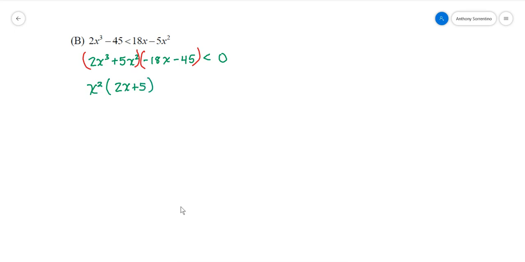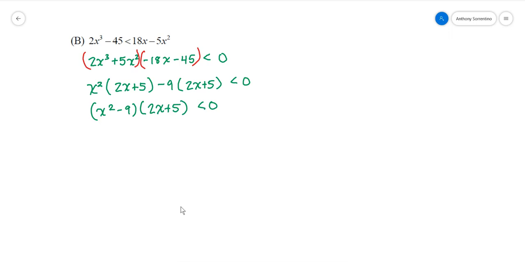The second group, I can factor out a negative 9, which leaves a 2x plus 5 left over as well. And I end up with the same thing. So I can say this is x squared minus 9 times 2x plus 5.